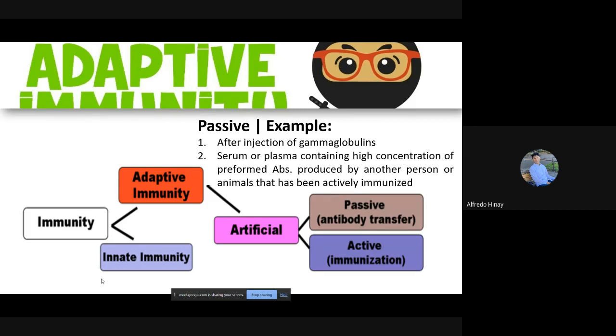Kasi the antibodies or the serum from the infected individual, once ibutang na nimo sa pasyente, mas dali lang siya which is theoretically correct. Okay, 'di ba? The serum or the plasma of the infected individual contains neutralizing antibodies against the COVID-19. Kaya pag ma-infect katong bag-o, na-infect na siya tapos pwede na nato siya i-introduce og serum or plasma containing a high concentration of your preformed antibodies. But pagkaroon class dili naman ta naga-perform na sa hospital.